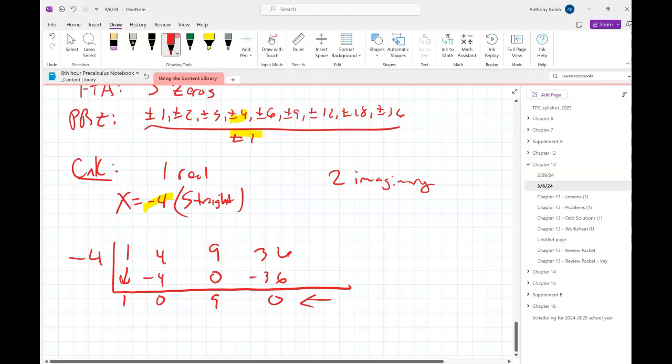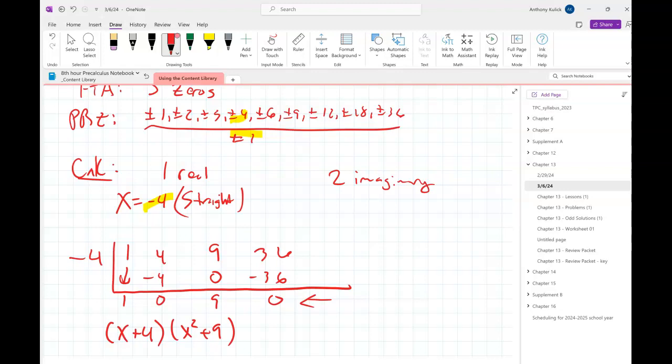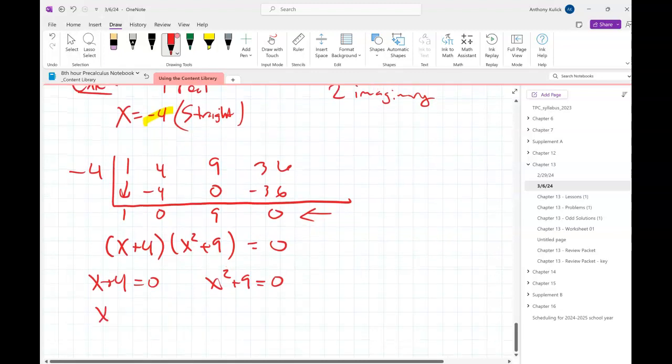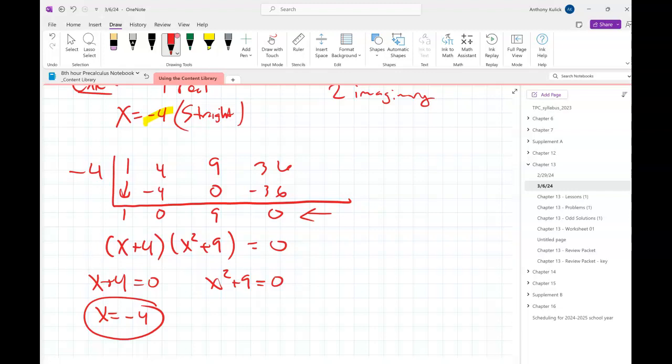Boom, that worked. So this factors to x plus 4, x squared plus 9. Is everybody okay with how I factored this? Set this equal to 0. Apply the zero product property to set each factor equal to 0. And I have solutions of -4. And then to solve x squared plus 9, I could use the quadratic formula here, but come on, folks.